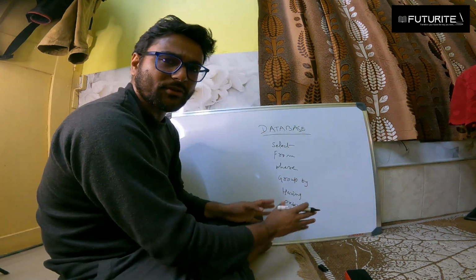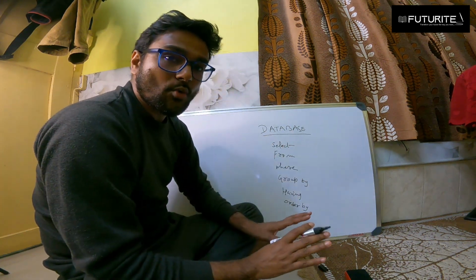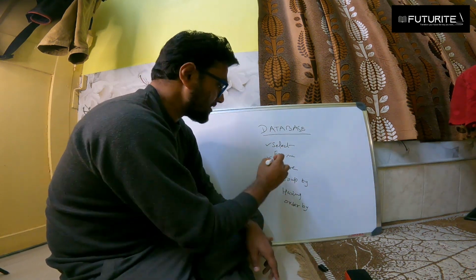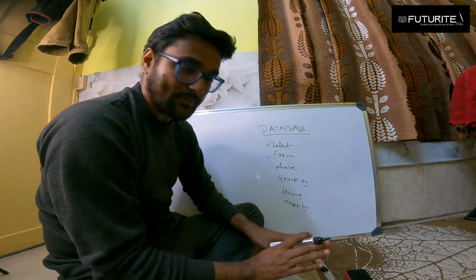There are many more things, but these are the most commonly used clauses. So today we will only study about these two clauses, that is select and from. In the upcoming tutorial we will study about where, group by, having, and order by.